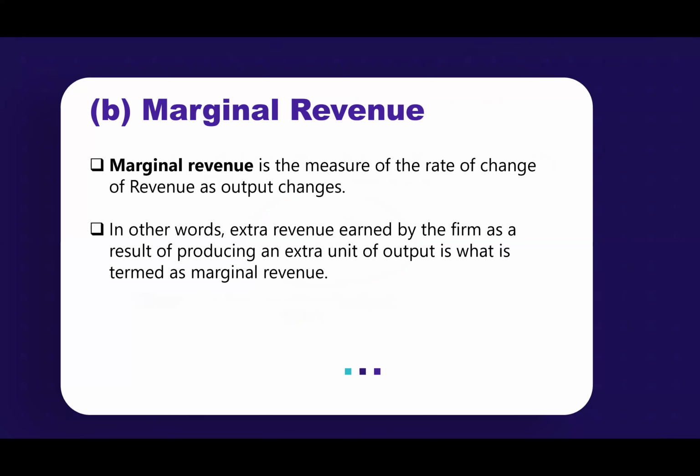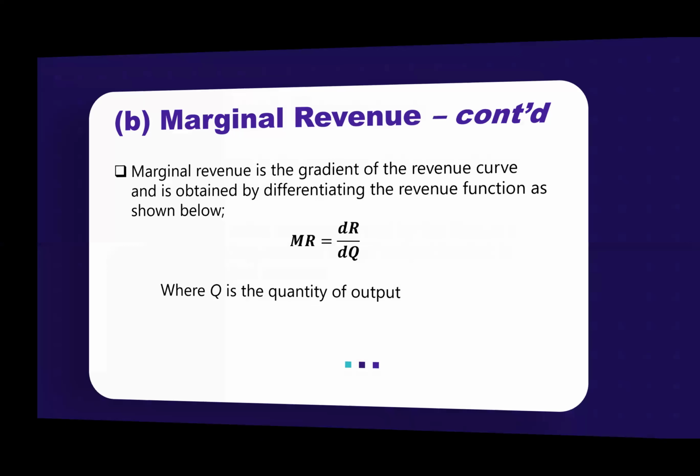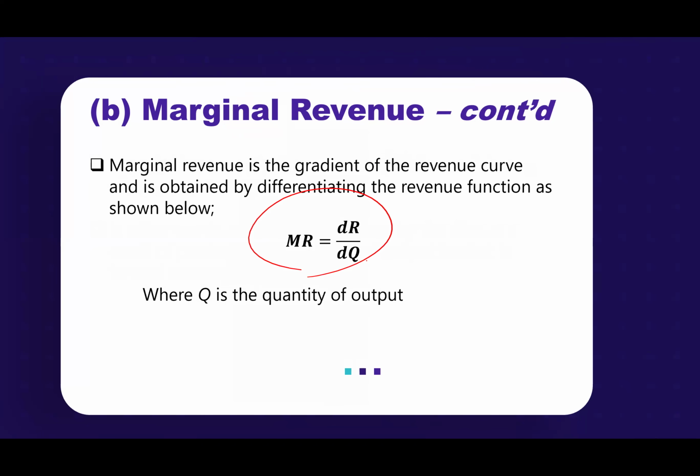Marginal revenue measures the change in revenue when we increase our production by a unit. In fact, if you get the dR/dQ, where Q is the quantity and R is the total revenue, you will have got the marginal revenue.